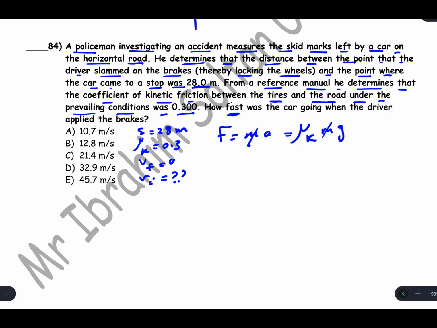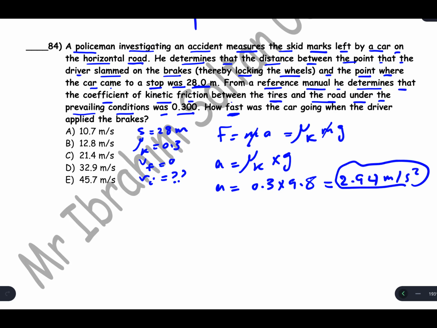So we need to calculate the acceleration. a equals mu k times g. a equals 0.3 times 9.8, so 2.94 meter per second square, and keep in mind it is a negative sign because it is deceleration. He is slowing down until it stops, right?